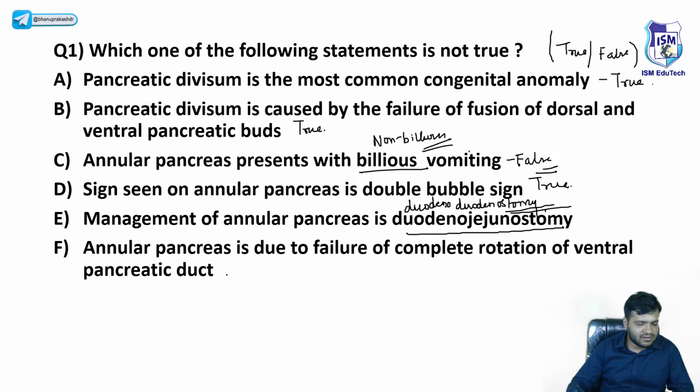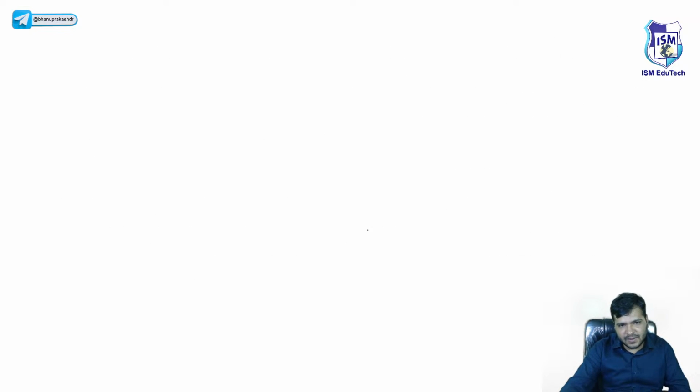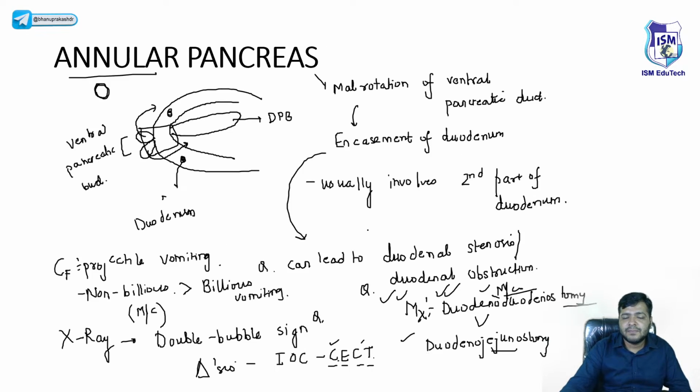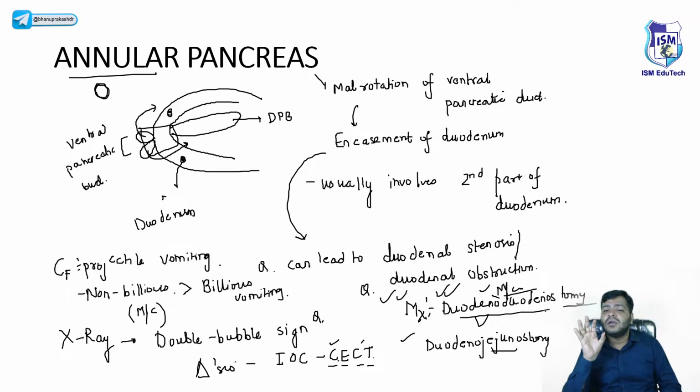लास्ट वाले का आंसर दे दो बेटा. मैनेजमेंट ऑफ एनुलर पेनक्रियास टाइप. ओके बेटा, मैंने मैनेजमेंट में देखो क्या लिखवाया है. मैंने मैनेजमेंट में लिखवाया है द मोस्ट कॉमन मैनेजमेंट डन इज ड्यूडेनोस्टमी. जब भी आप एग्जाम में ऐसा कोई क्वेश्चन कर रहे हो बेटा, you have to see the most stable statement, राइट. वो ट्रू है फॉल्स है उससे मायने नहीं रखता. ड्यूडेनोस्टमी करते but in very rare cases we do this. अगेन सबसे पहला वाला जो ऑप्शन है ड्यूडेनोस्टमी ही होगा. ठीक है. तो अगर सेंटेंस में लिखा होता है द मैनेजमेंट इज ड्यूडेनोस्टमी, इन अदर केसेस वी डू दिस, तो it should be a right statement.